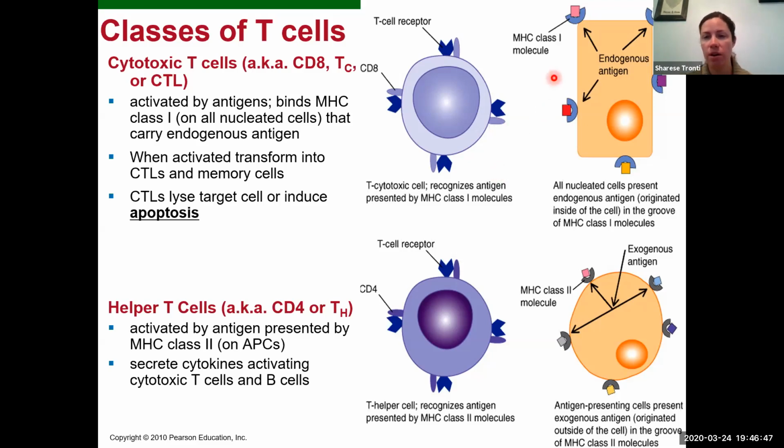But if there is an antigen, a pathogen inside of the cell, then it will break down that antigen and present it on its MHC class I molecule. The cytotoxic T cell will recognize that. So it will come and recognize that this cell is infected, and then it will kill it.